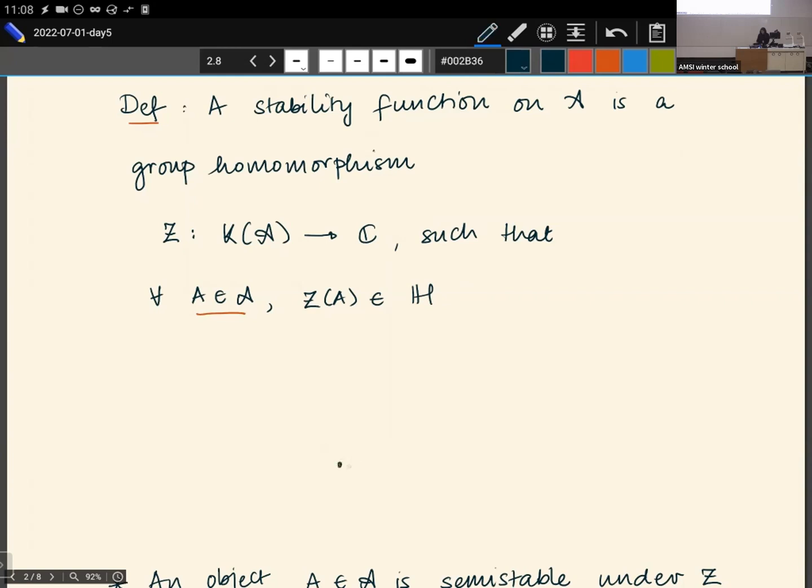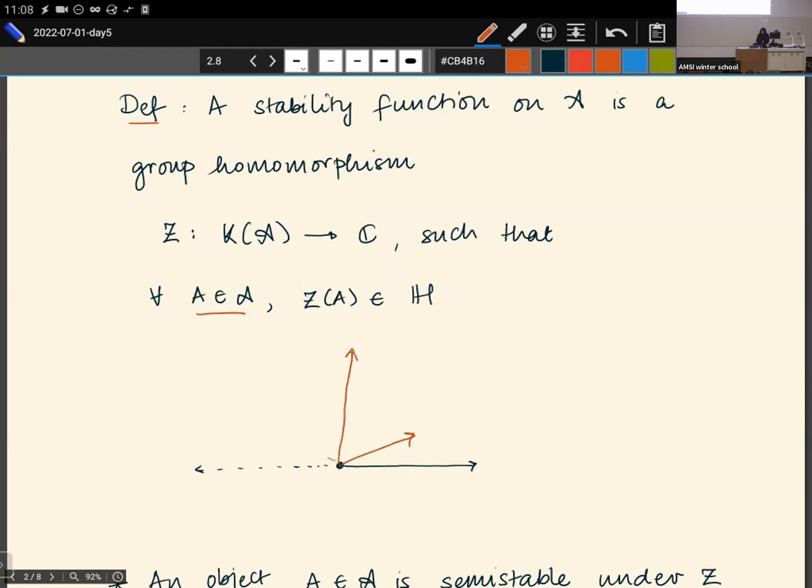When I say upper half plane, for me it's always going to be a picture like this, where I include the positive real axis, but exclude the negative real axis. And sorry, also exclude 0. I mean, I'll keep it for now. But what I want is every object in my category, the class of every object, to be sent to some vector up here.